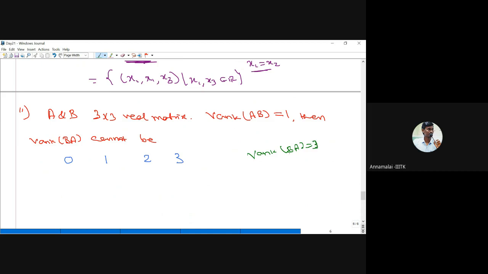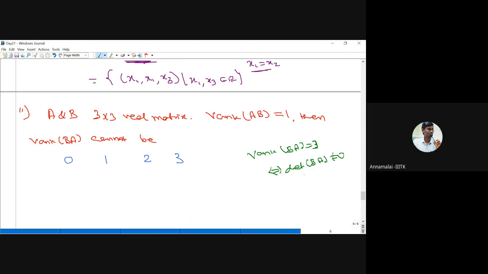Since the product is a 3 by 3 matrix, rank 3 implies that the determinant should be non-zero. Determinant of BA should be non-zero. This is if and only if: if the rank of the 3 by 3 matrix is 3, then the determinant is non-zero, and if the determinant is non-zero, the rank is the order of the matrix.